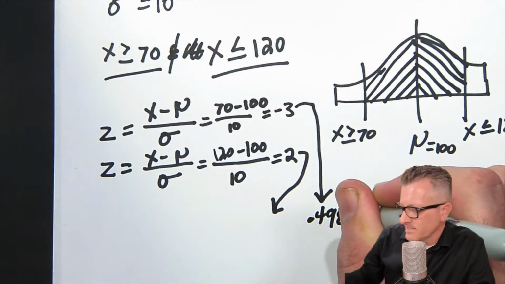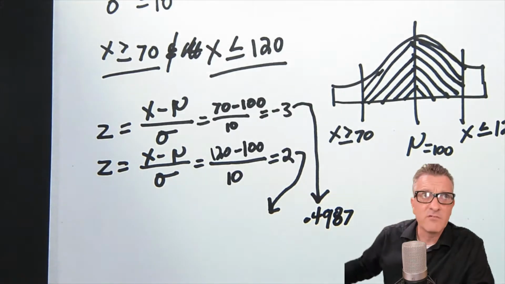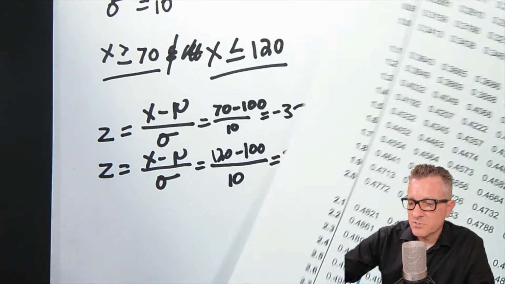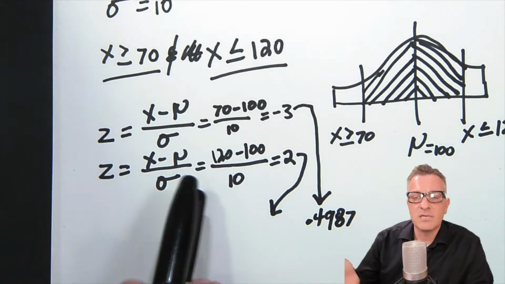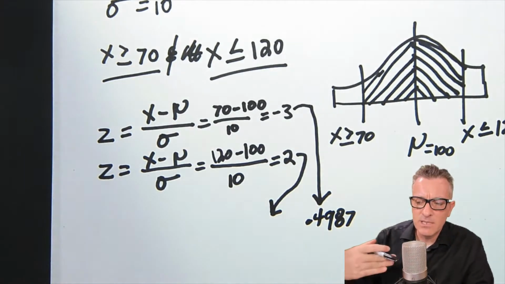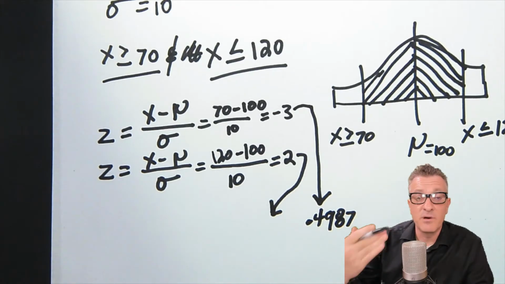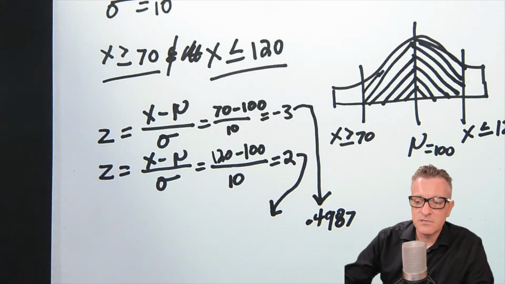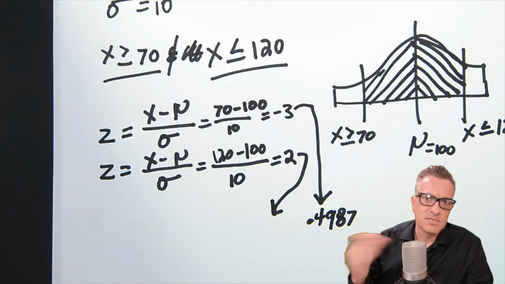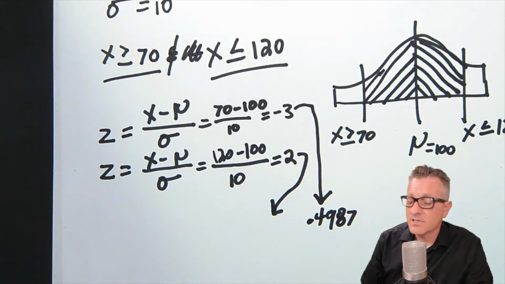Okay, 0.4987, and now we want the value for 2. Now, if these sides were symmetrical, meaning the low side was the same degree less than mu as the high side is above mu, then we would just solve for z once, and the low side and the high side would be the same numbers.